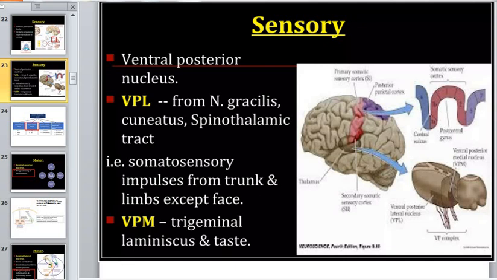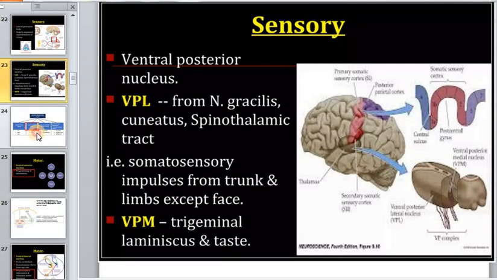The medial lemniscus and spinothalamic tracts, carrying sensation from the limbs and trunk, end in the ventral posterior lateral part, while the trigeminal fibers from the head end in the ventral posterior medial part, which also receives the fibers from the chest. Different layers of cells within the nucleus respond to different modalities of sensation. All these sensations reaching the nucleus are carried primarily to the sensory area of the cerebral cortex.